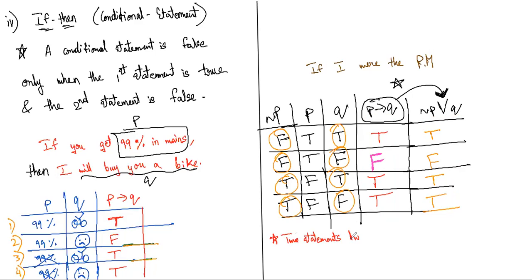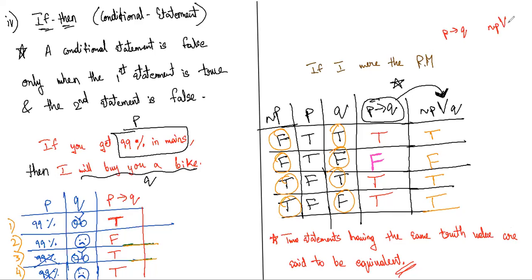Two statements having the same truth value are said to be equivalent. Okay. So P implies Q is equivalent to the statement negation P or Q.